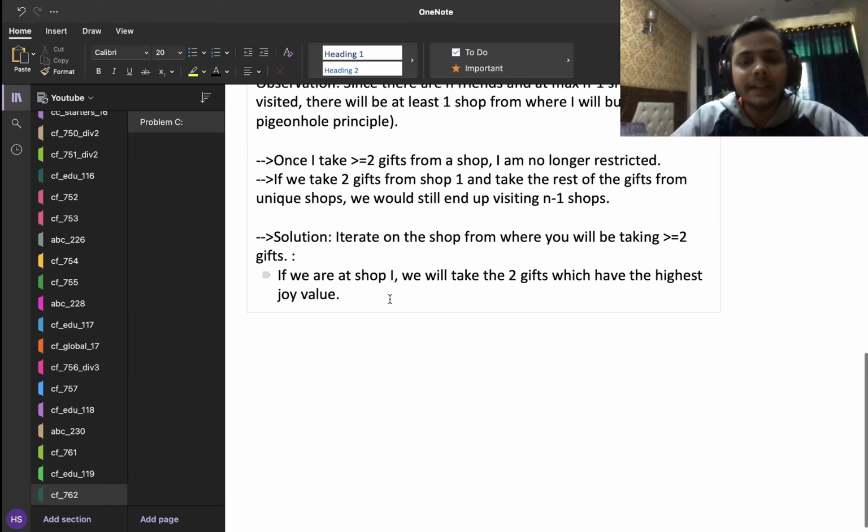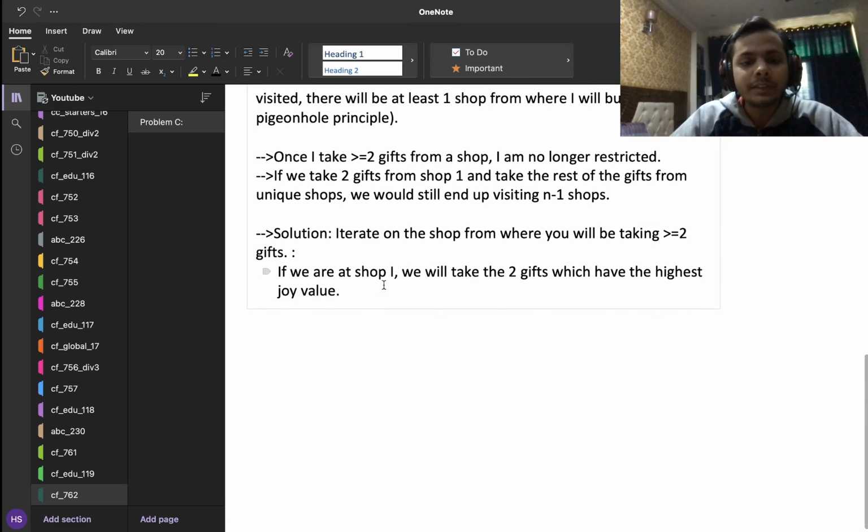And once we have done that, there will be 2 persons, let's say person 1 and person 2, who will be the second highest and the highest in shop I, right? So other than person 1 and person 2, for all the other persons, there are n persons. So for all the other persons, we can just take their maximums, right?